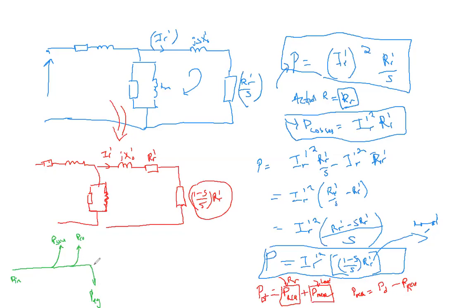Okay, there's a power that crosses the air gap. It's fine, it's called air gap power. Remember, we have copper losses here, and then we have these losses here. The one that goes onto the secondary circuit is what we call air gap power. Then from the air gap power, we have rotor copper losses also.